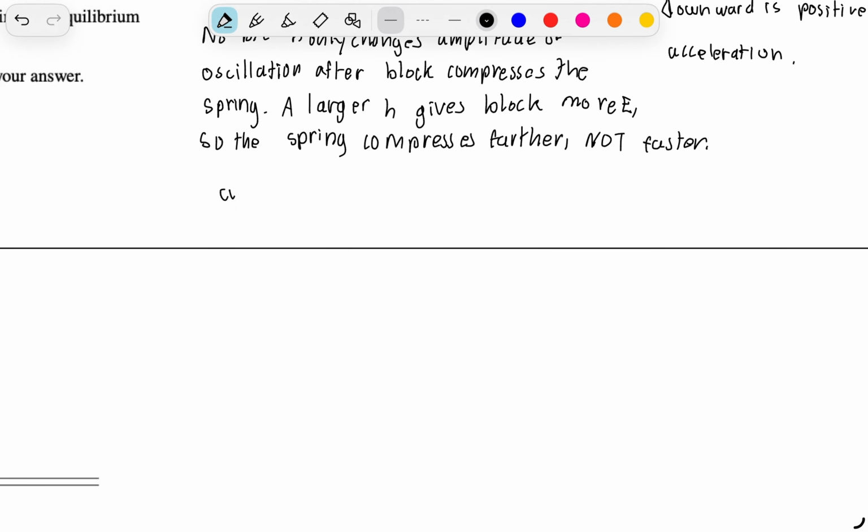And we have that acceleration is equal to negative k over m times y, which y is our displacement from equilibrium.